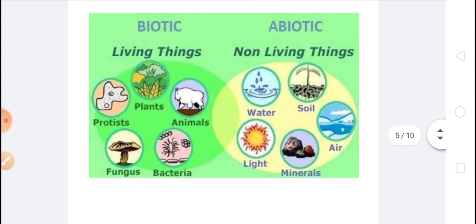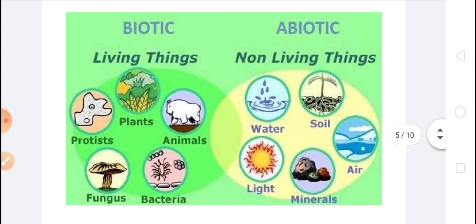Biotic components means living components, living things like plants, animals, birds, found in a habitat, which are important for the survival of all living things. The components of an environment can be living and non-living. Living means biotic components and non-living means abiotic components of the habitat.